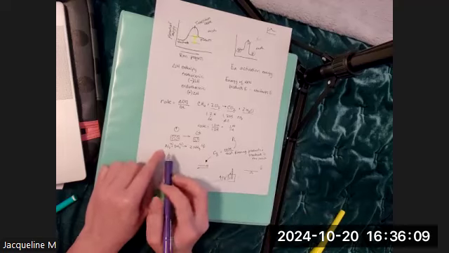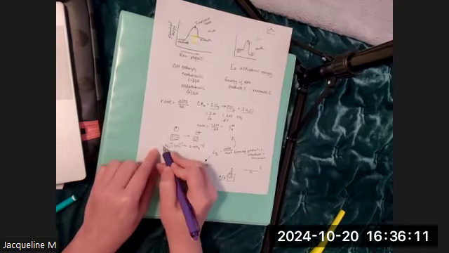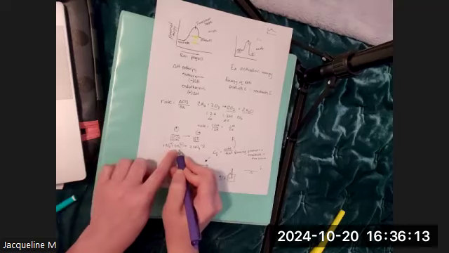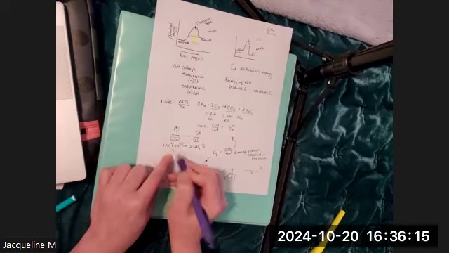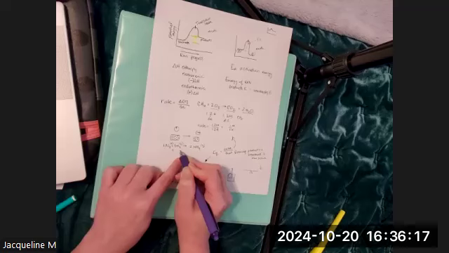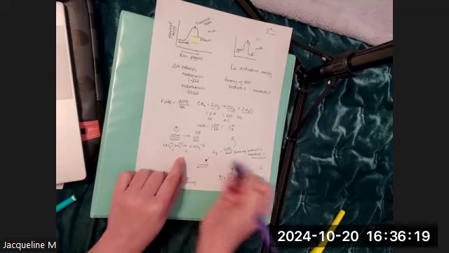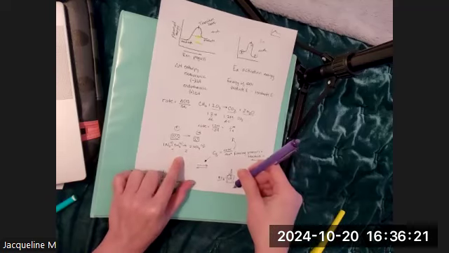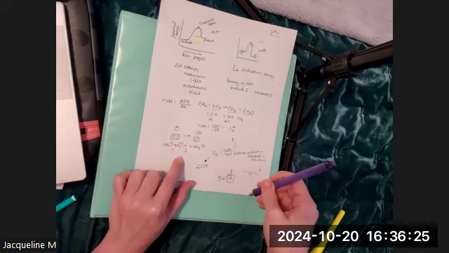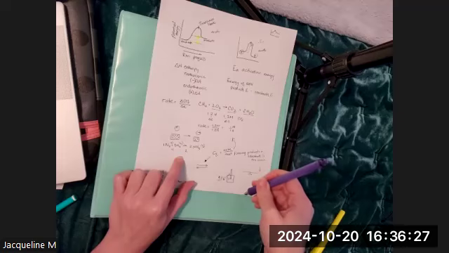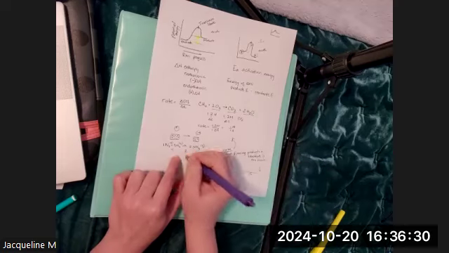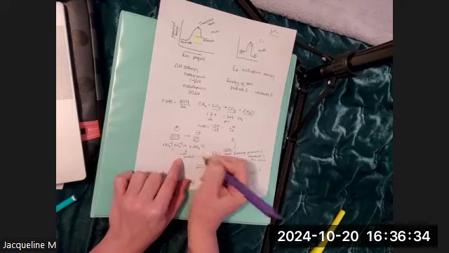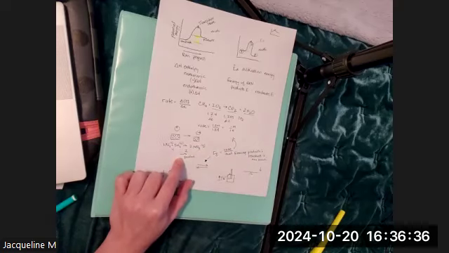So here we have 1 mole of N2, 3 moles of H2, making 4 moles of gas over here versus our 2 moles of gas over here. So we said increase the pressure, right? Making those molecules bump into each other more frequently. And then equilibrium will favor the side with fewer moles. So this would be product favored.